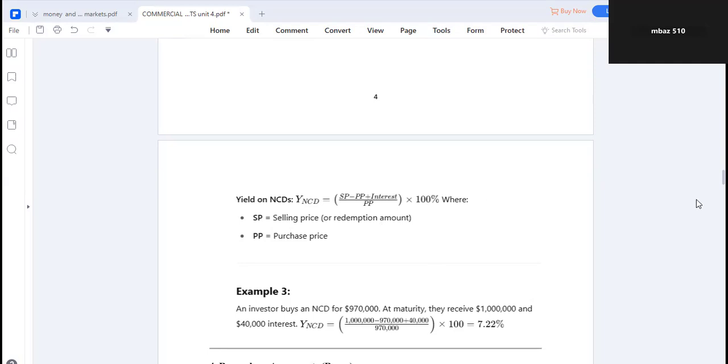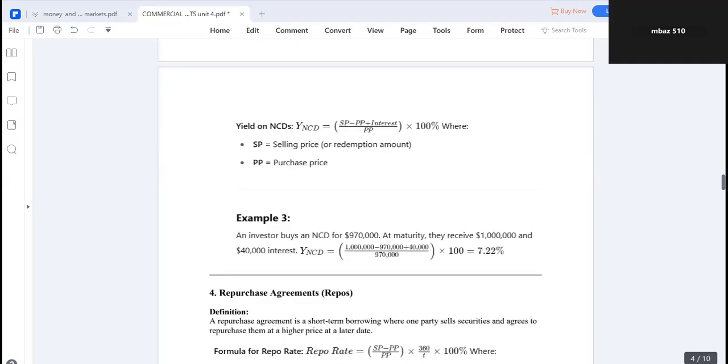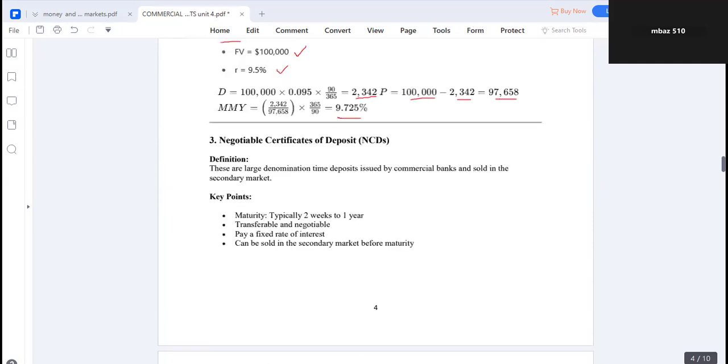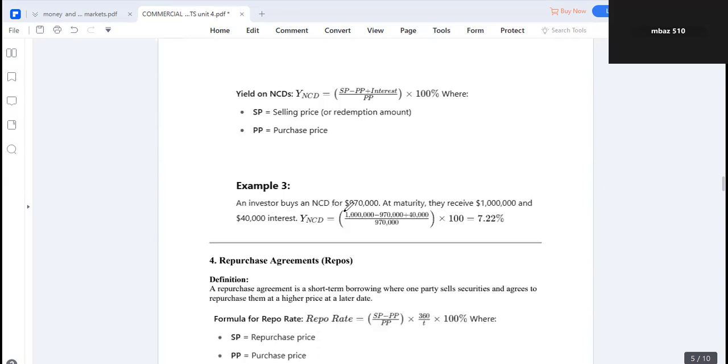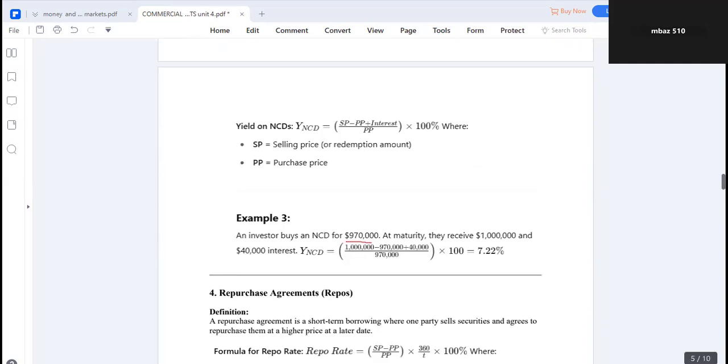So suppose we are given a negotiable certificate of deposit as follows. The investor buys this NCD for 970,000 and at maturity receives 1 million and 40,000 interest. Calculate the yield of this negotiable certificate of deposit. So like we said, what given information do we have?